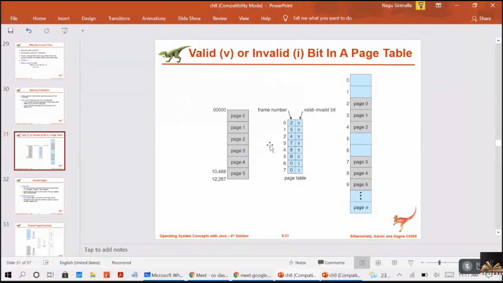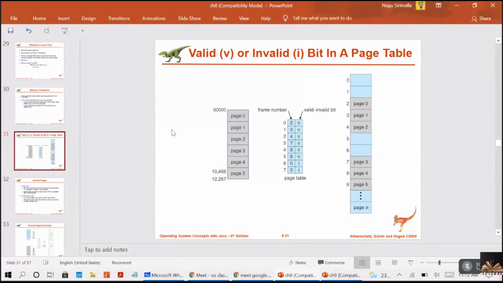But what is the problem here? Even though you require 4.5 pages, you will be giving a total of 5 pages to the process. So here the example was given like this. Your program size is 10,468 bits, but you are allocating up to 12,287 bits because it requires 6 pages for this program, right?